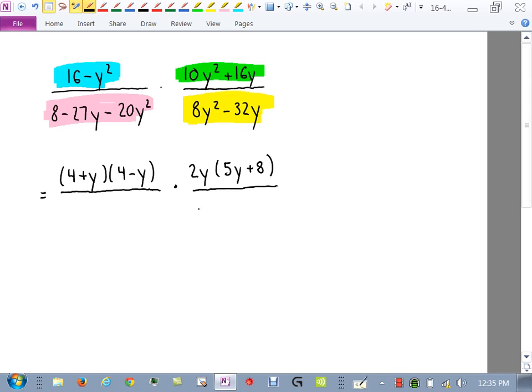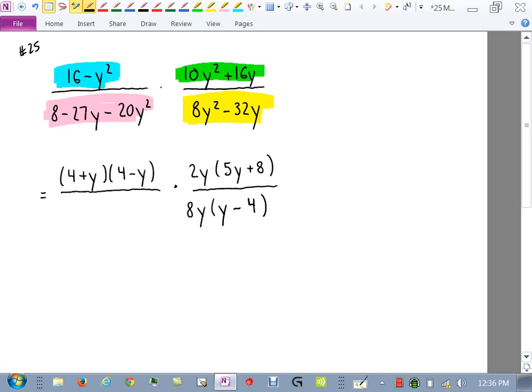I can pull what out of there? 8, and then a y also, right? Bottom right, yes. This is number 25. Okay, so 8 comes out, we're left with y minus 4, yeah?